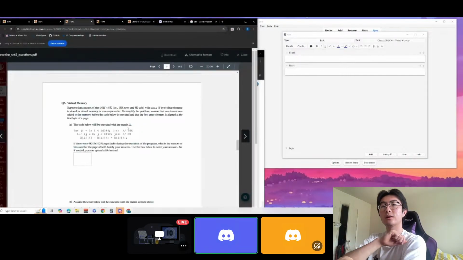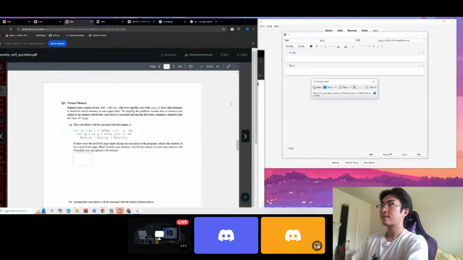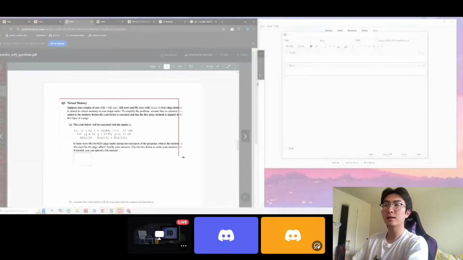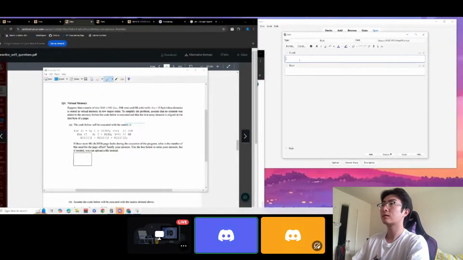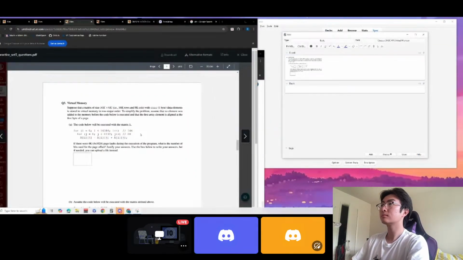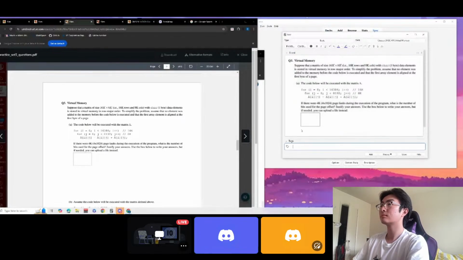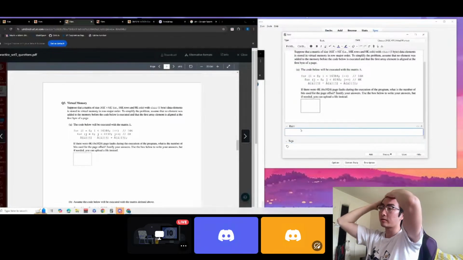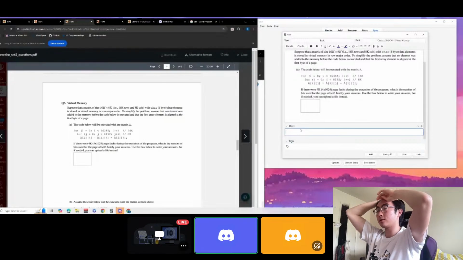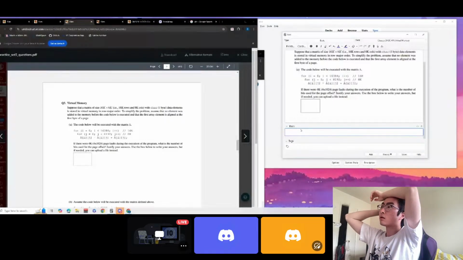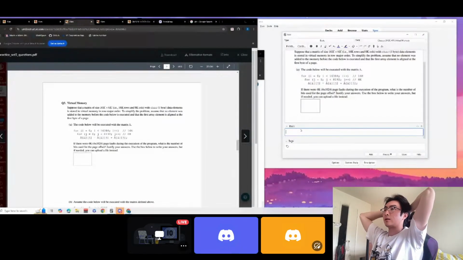Okay, virtual memory. Suppose the matrix of size 16K rows and 8K columns of char data elements are stored in virtual memory in row major order. No elements were added to the memory before the code is executed at the first byte of a page.